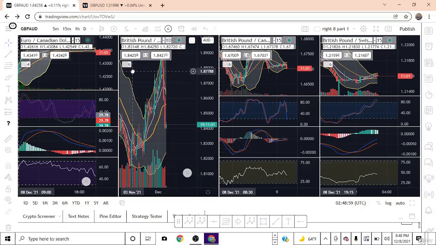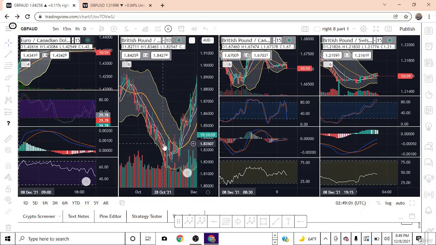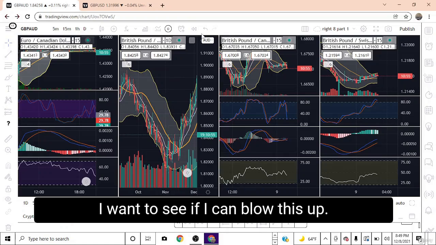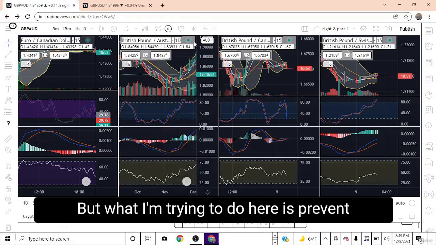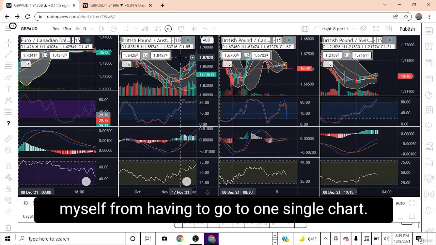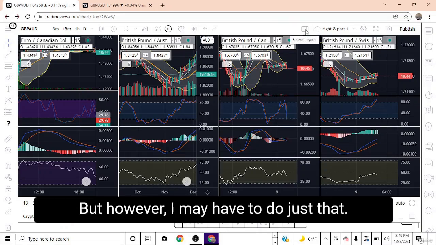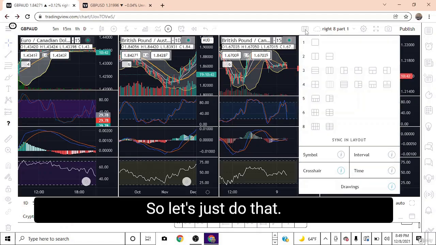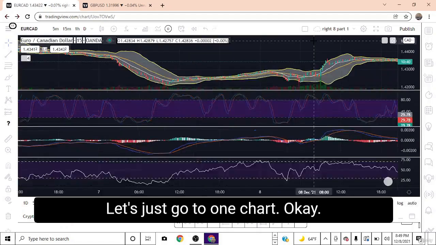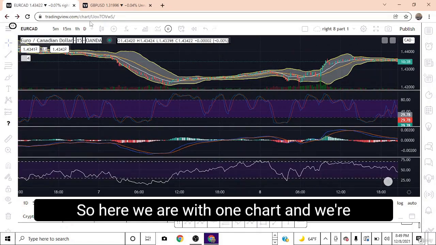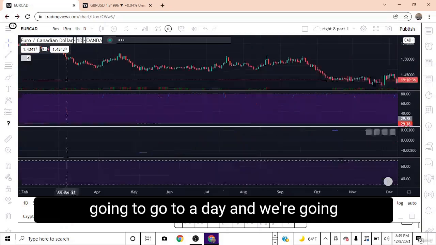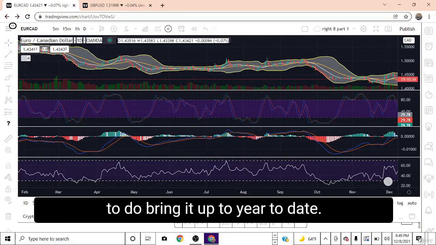Okay, so then I want to see if I can blow this up, but what I'm trying to do here is prevent myself from having to go to one single chart. However, I may have to do just that. So let's just do that. Let's just go to one chart. Okay, so here we are with one chart, and we're going to go to a day, and we're going to bring it up to year to date.